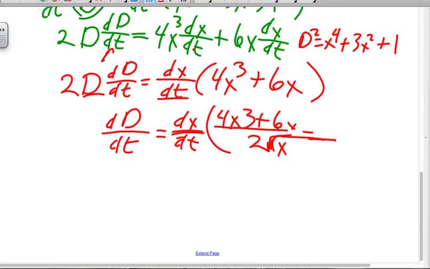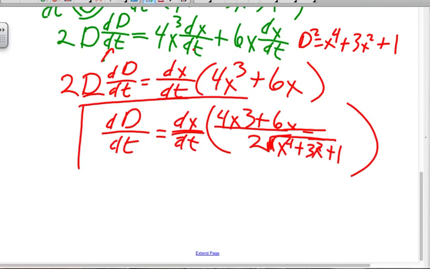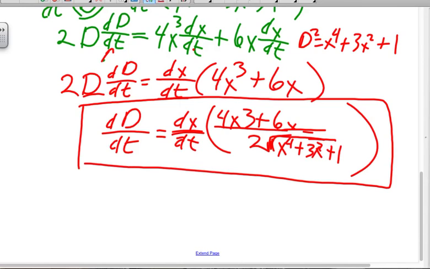So it'll be the square root of x to the 4th plus 3x squared plus 1. And I know you don't like to leave radicals in the denominator, but in this case, let's go ahead and leave it like this rather than worry about rationalizing it. And that's your answer right there.